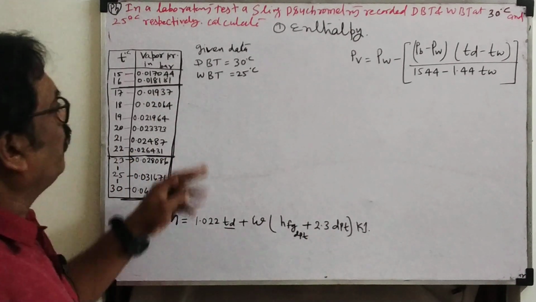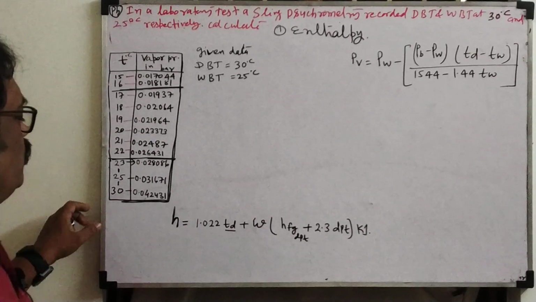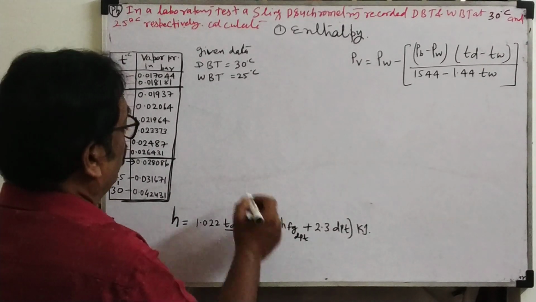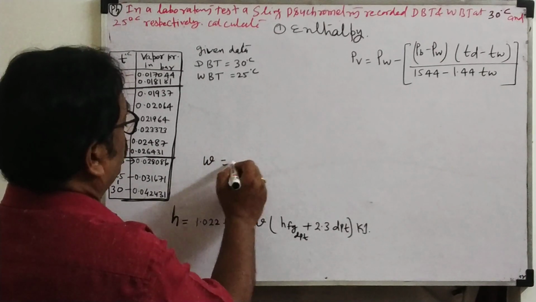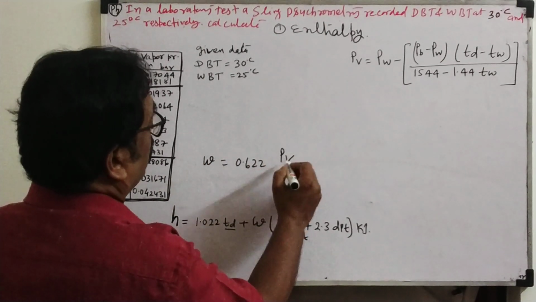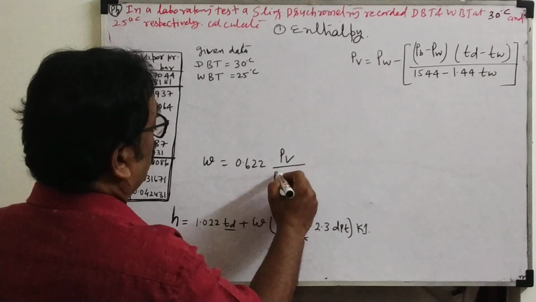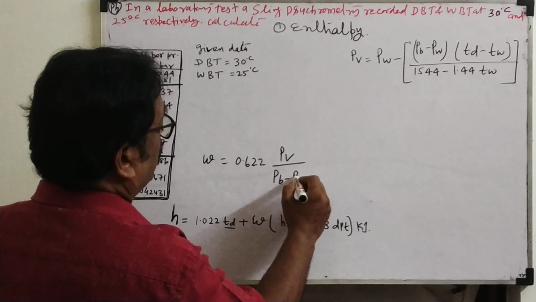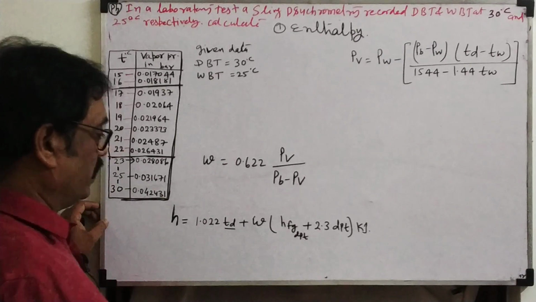If you want to find the enthalpy, how many things do we have to find out? We have to find out the specific humidity. What is the specific humidity formula? 0.0622 PV, the partial pressure of water vapor, divided by the barometric pressure minus the partial pressure of water vapor.